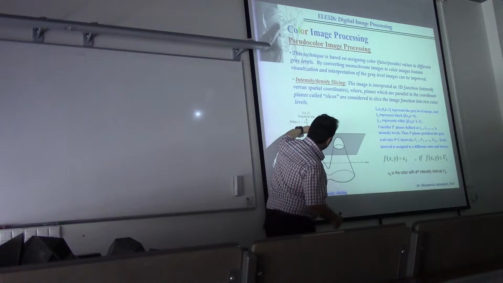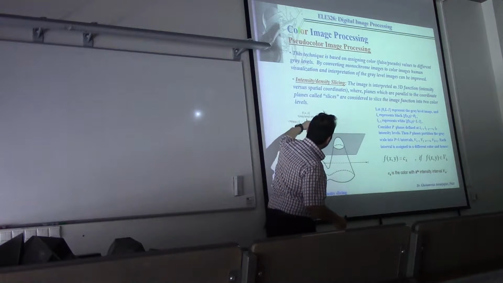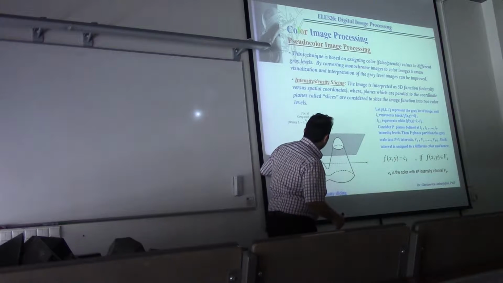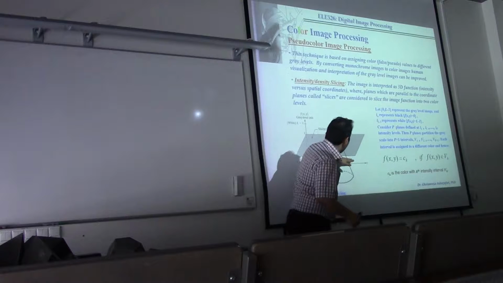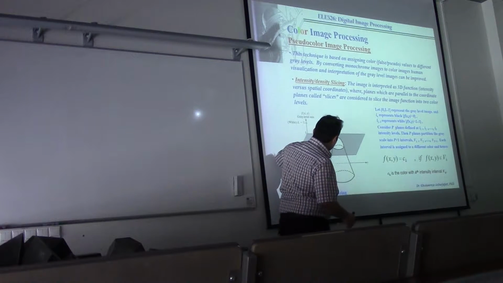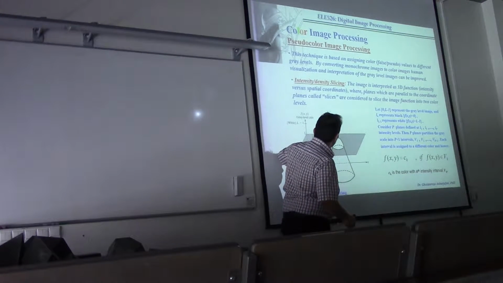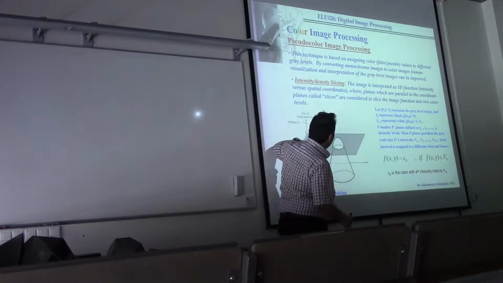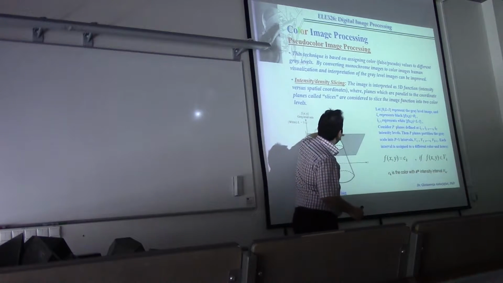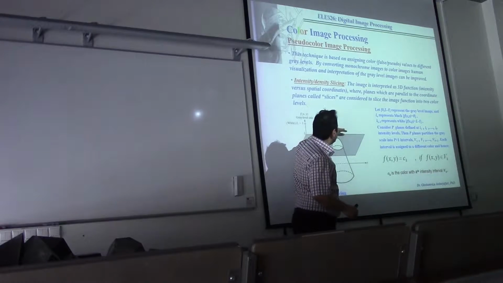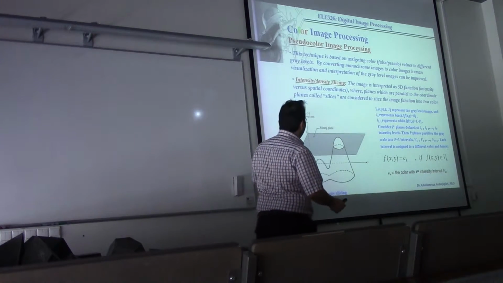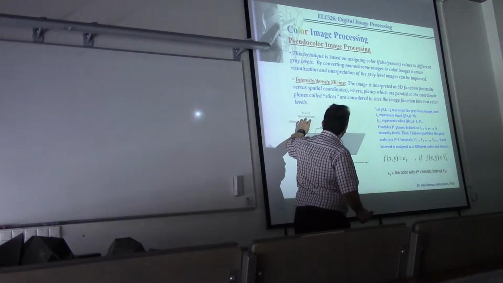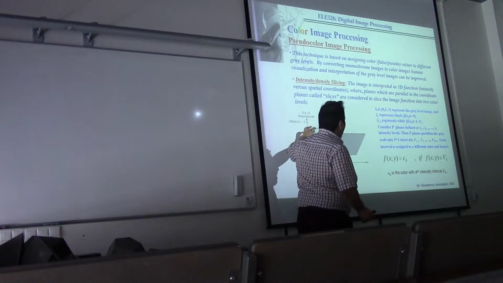When we move the plane along this axis, we have some part that is divided by this slicing plane, and for each part, or each gray level scale, we assign a color.